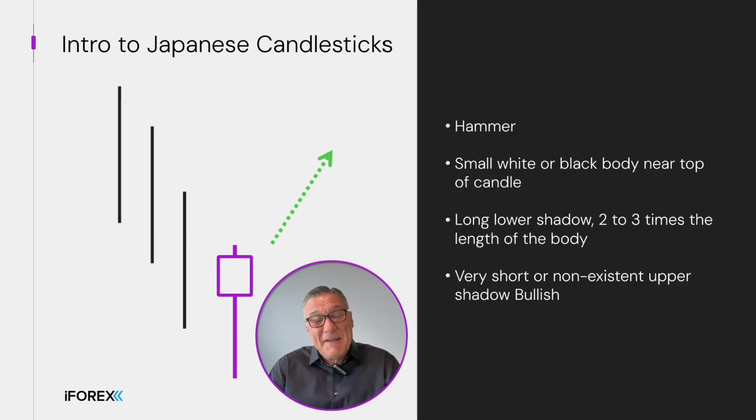And it has a very small upper shadow. So the buying activity was very limited on the upper area of the candlestick. But there is a long lower shadow, and more specifically 2 to 3 times the size of the body.